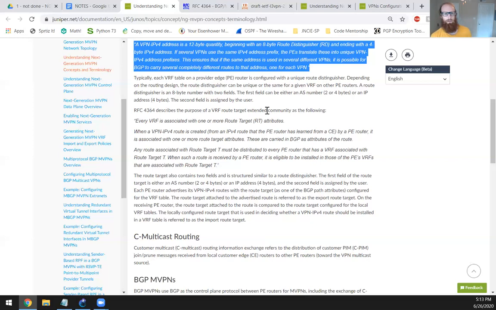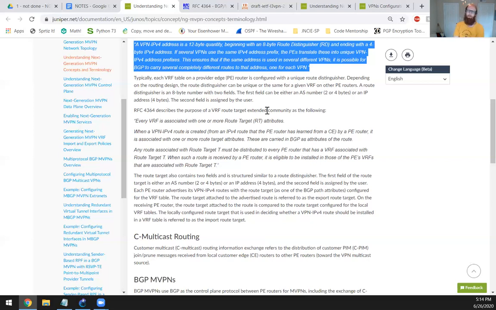RFC 4364 describes the purpose of a VRF route target extended community as the following. Every VRF is associated with one or more route target attributes. When a VPN-IPv4 route is created from an IPv4 route that the PE router has learned from a CE by a PE router, it is associated with one or more route target attributes.